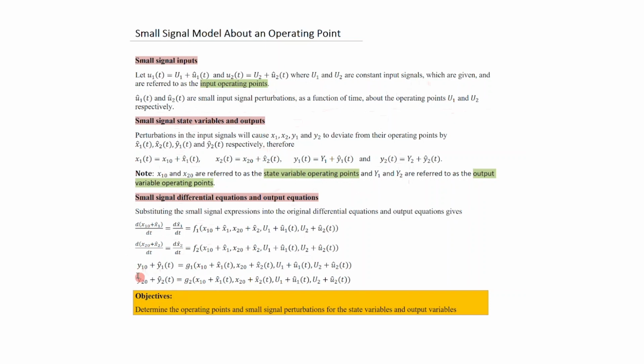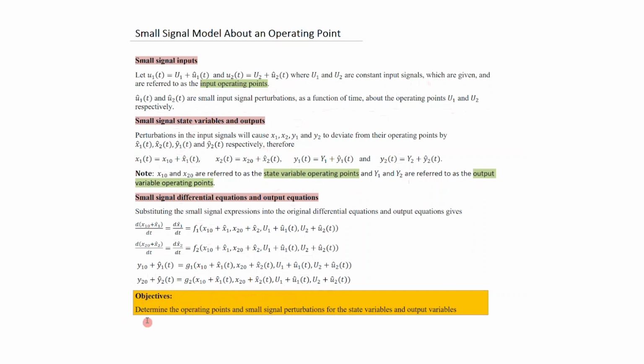Similarly, for the output variable, we have the DC steady state value plus a perturbed value of y1, which is g1 of some function. And again, these are the perturbed values of x1, x2, u1, and u2. Similarly, for the second output variable, y2, this is a perturbed value, and it is a function of the perturbed values of x1, x2, u1, and u2.